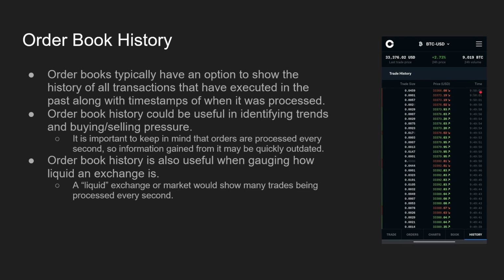I can't remember the exact amount, so I'm not going to say billions, but it is second only to Binance. And here we see several instances every second of trades being fulfilled, even faster than every second if you really take a look. Sometimes there are multiple trades being fulfilled every second.